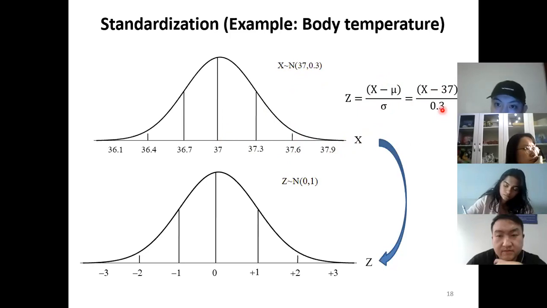Just understand this, okay? 37 minus 37, that is 0. 37.3 minus 37, 0.3, divided by 0.3 is 1. That's 1. 37.6 minus 37 divided by 0.3, that's 2, and so on. Same thing on the negative side.